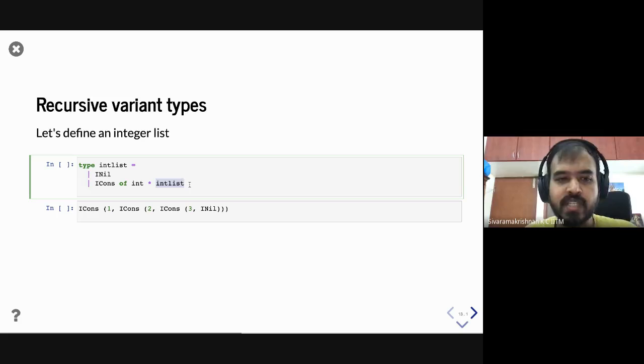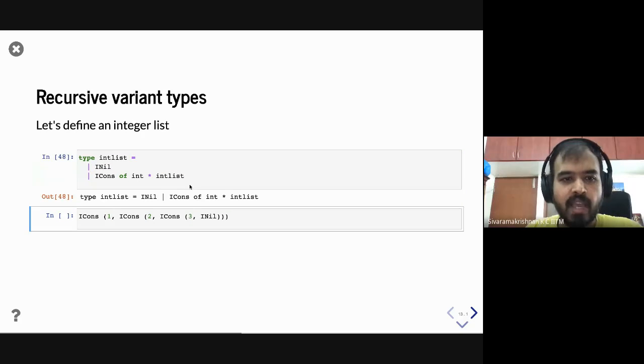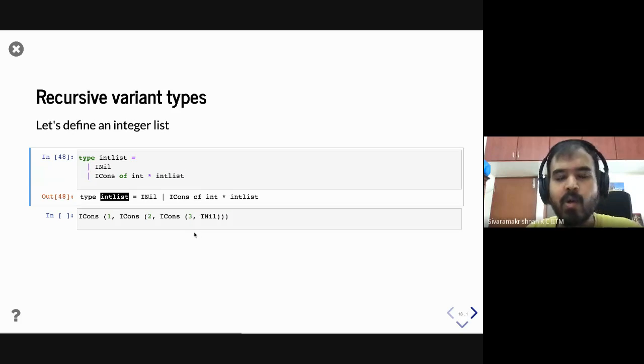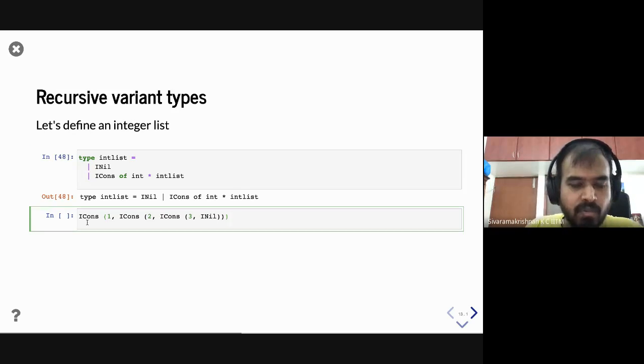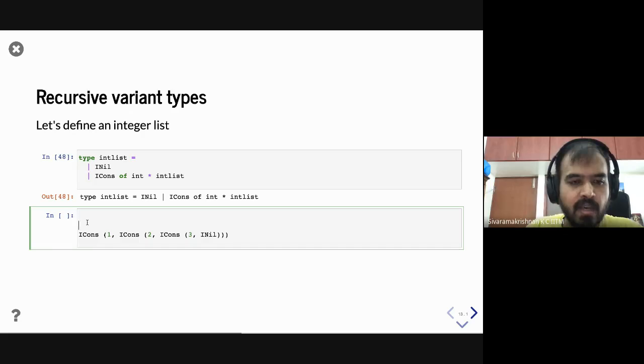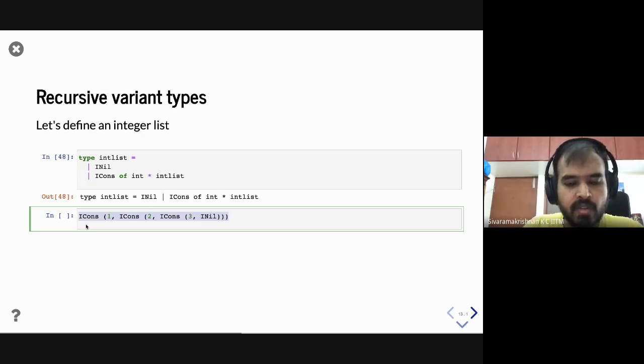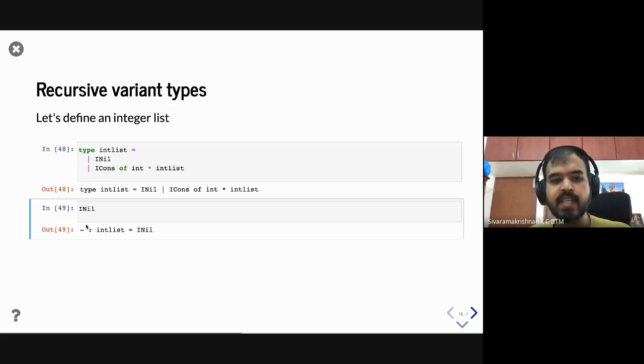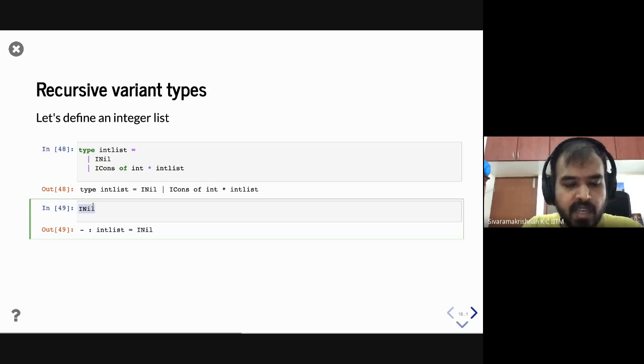So I've defined both of these. So I have an int list definition. Now I can actually define the list here. So here is a list, right? This is a list which contains nothing. It is equivalent to a list which is empty, right? Here's a list which contains just one.